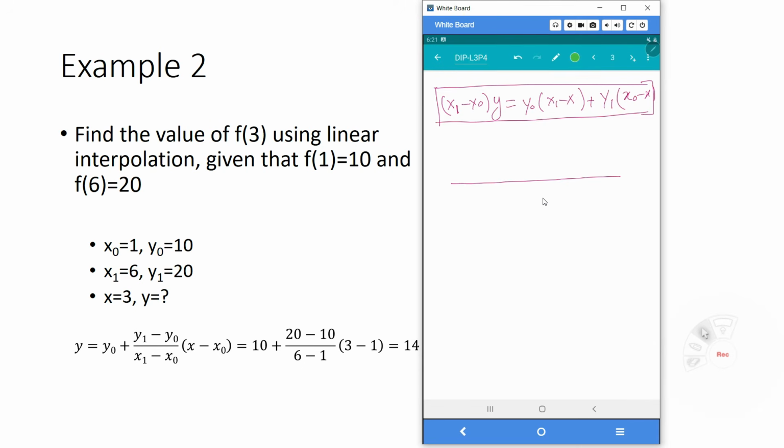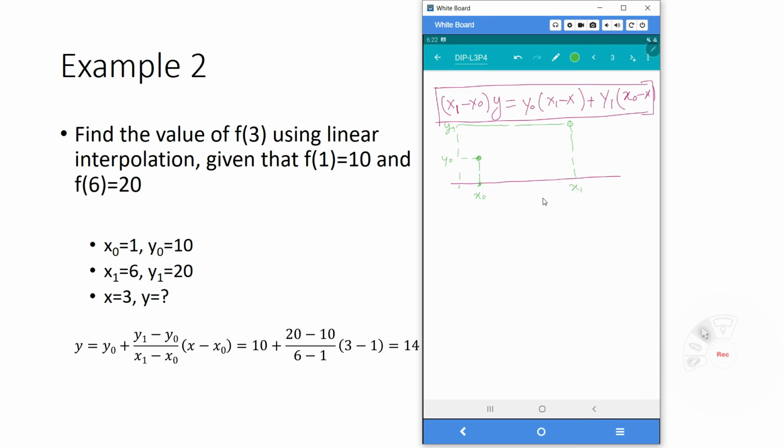So this is the very first point, x naught, and let's say this is y naught. And also we had this one, that is x1, and this is y1.